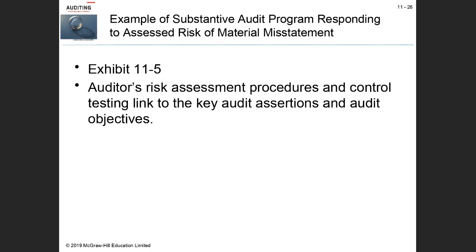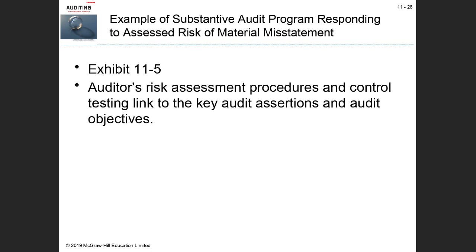So going back to page 465, the auditors determine whether control risk is high, moderate, or low with respect to each of the audit assertions listed there. And then depending on their conclusion, on the next two pages, 466 and 467, they decide which of the substantive procedures they're going to do and to what degree, okay?